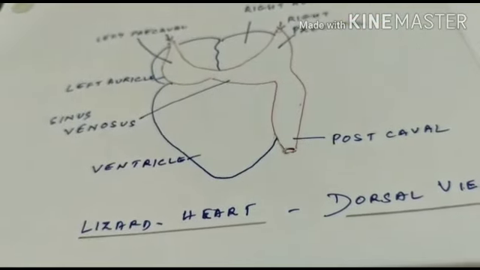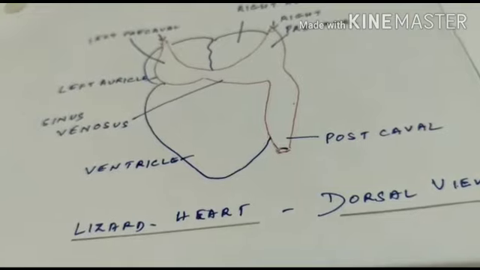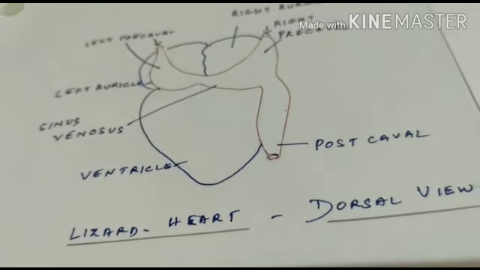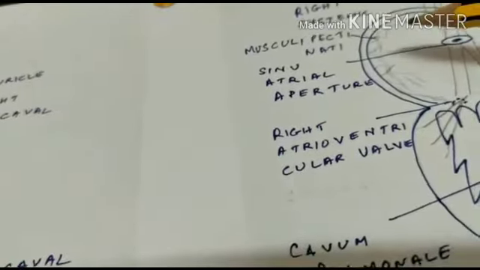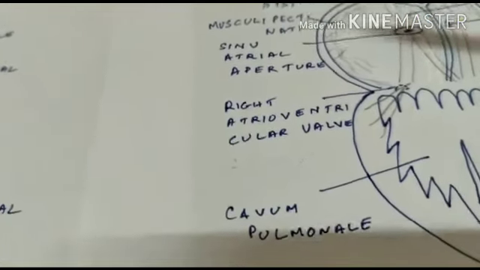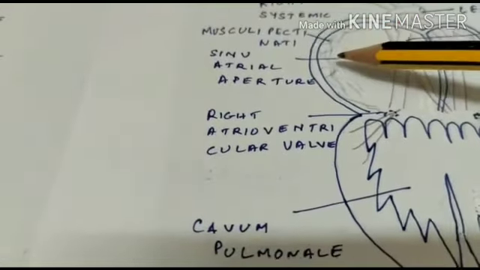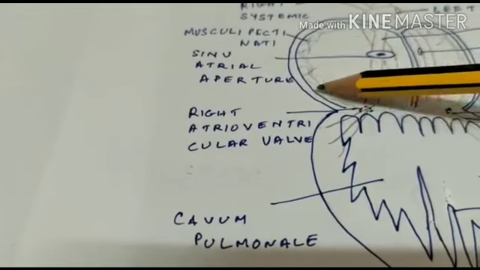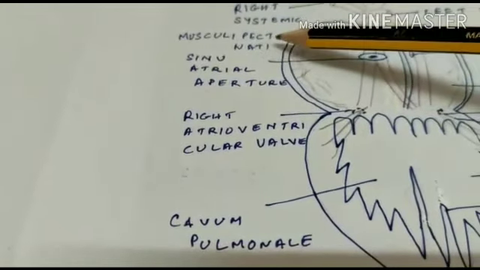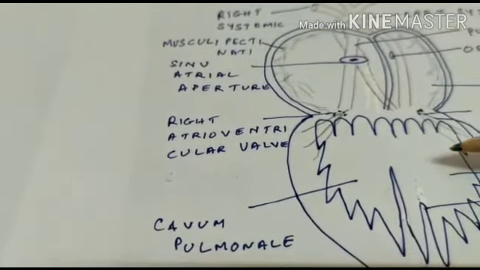Now if you look at the inner surface of the chambers, the auricles have a number of fibers emerging from it, and these are referred to as musculi pectinati.